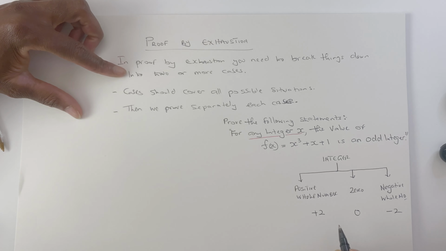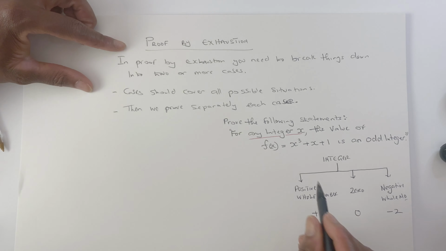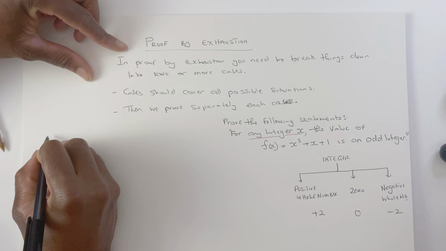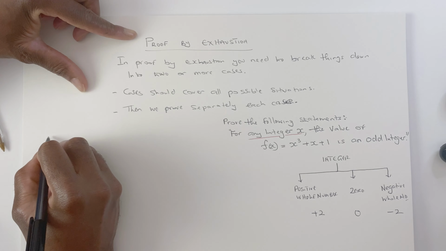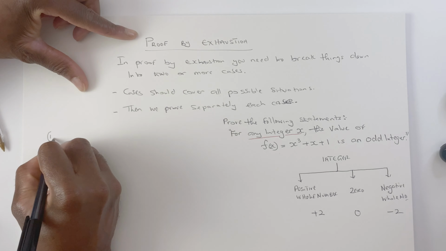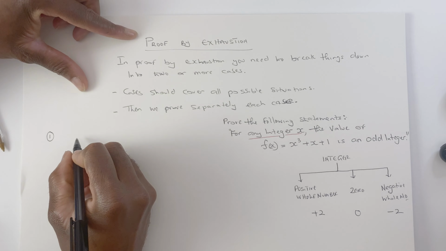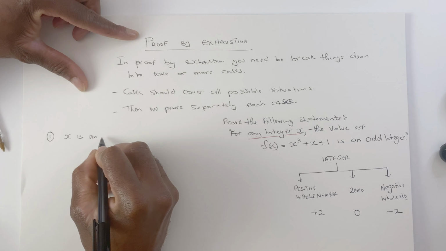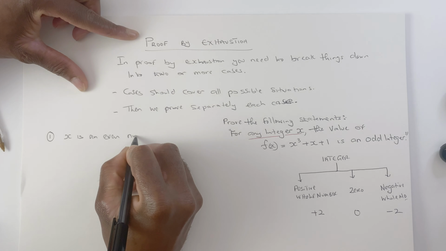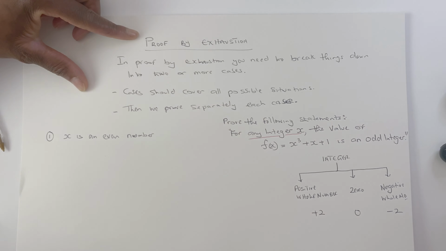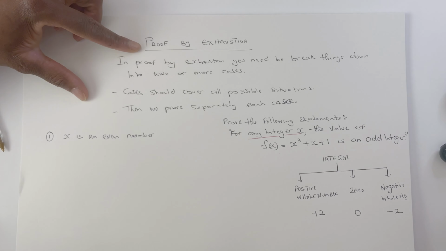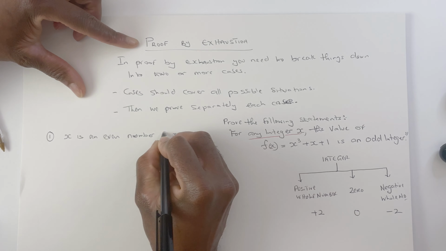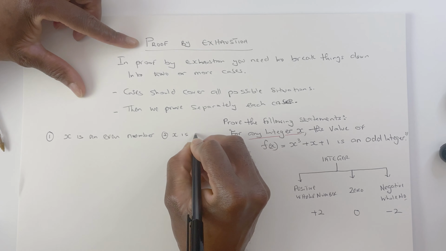The two cases we want to look at are: case 1, if x is an even number, and case 2, if x is an odd number.